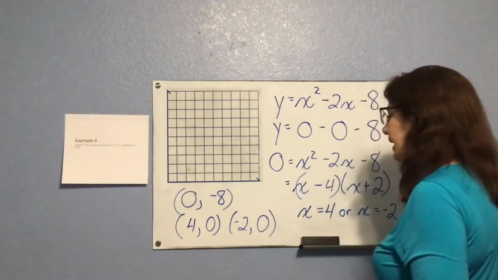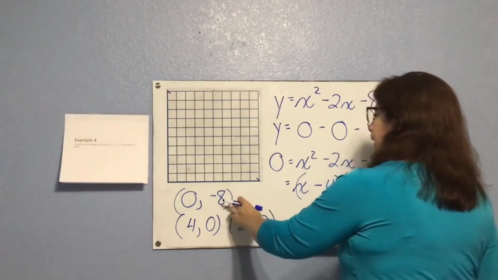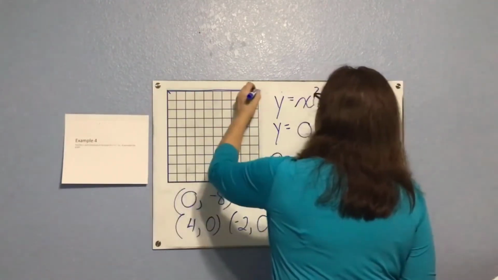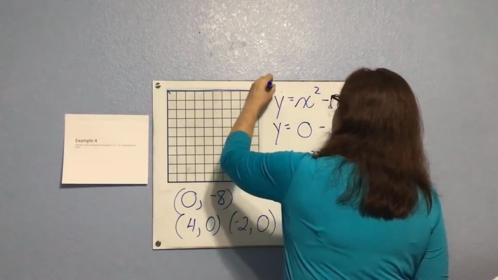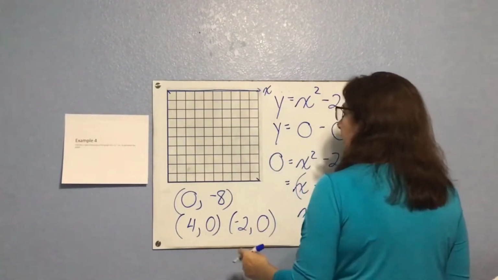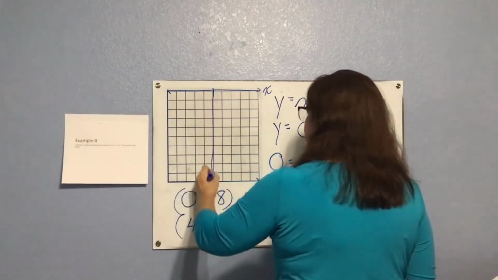Now I'm going to have to move my axes a little bit to get this to fit. I've got that negative 8, so I'm going to put the x-axis all the way at the top of my graph. And since I have one negative and one positive here, I'm going to let the y-axis come straight down the middle here.